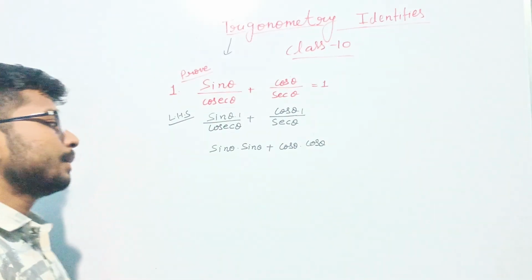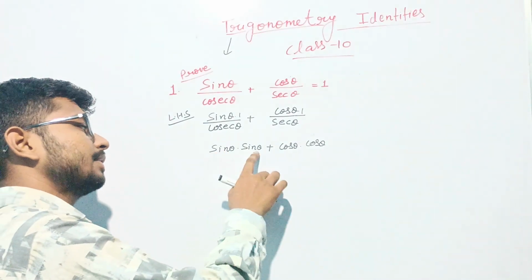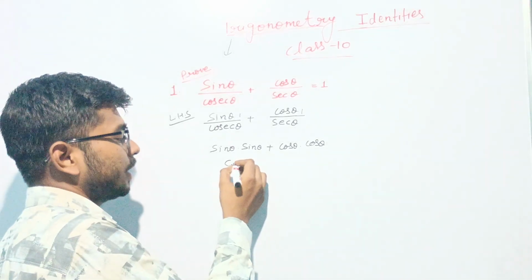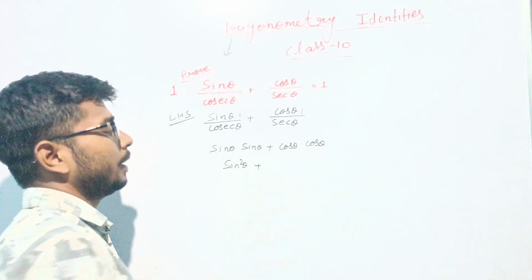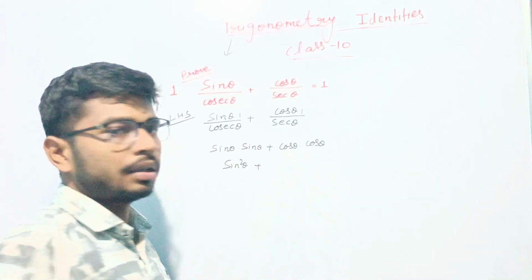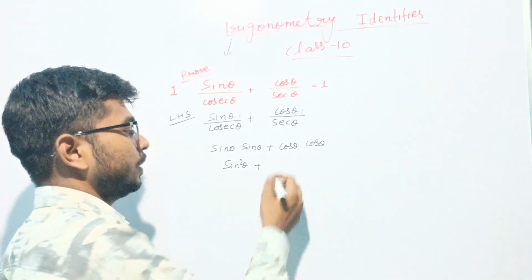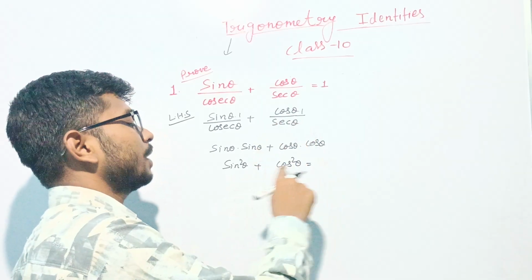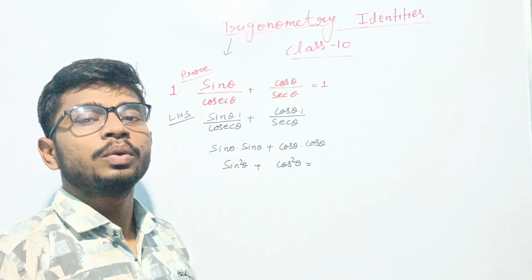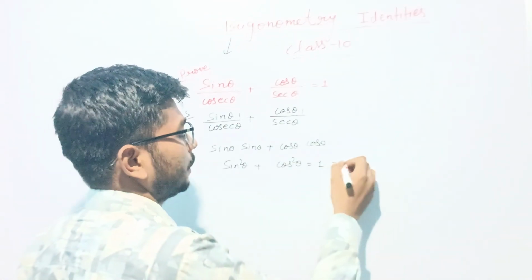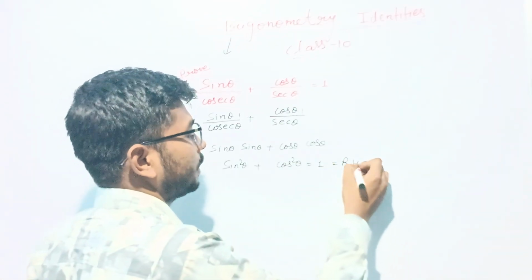Now sin theta multiplied by sin theta is sin square theta, plus cos theta into cos theta is cos square theta. Sin square theta plus cos square theta is equal to 1, the first formula. This is the right hand side, so it is proved.